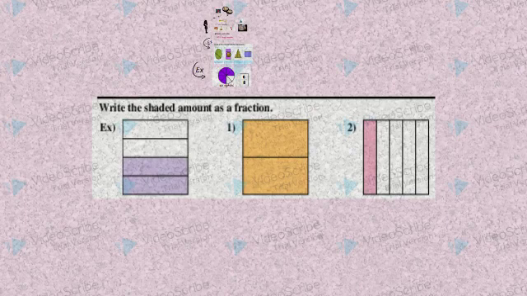The last one, this square is divided into 5 parts. How many parts are colored? It's only 1 part, so I write it as 1 over 5. Okay, excellent. 2 over 4, 2 over 2 which is called whole, and the last one, 1 over 5.